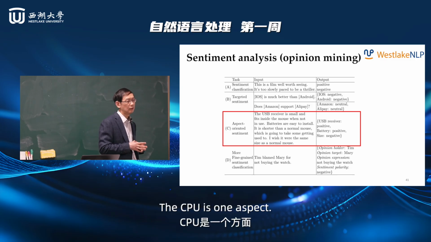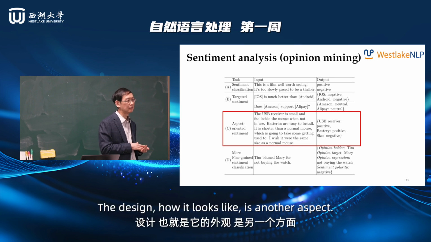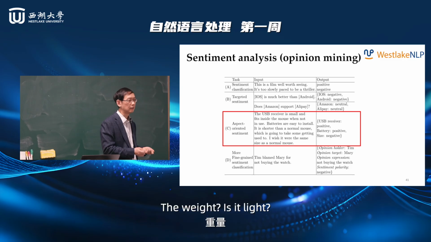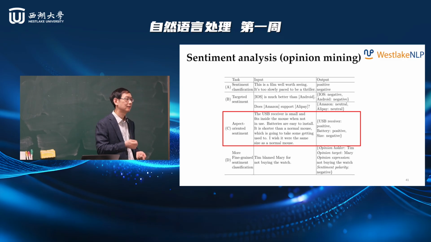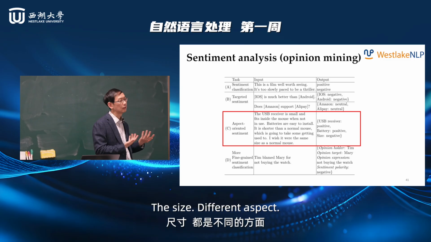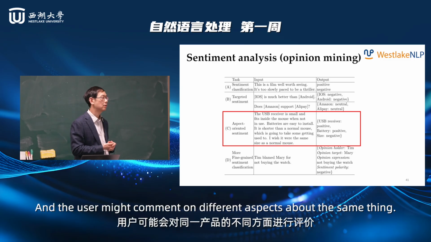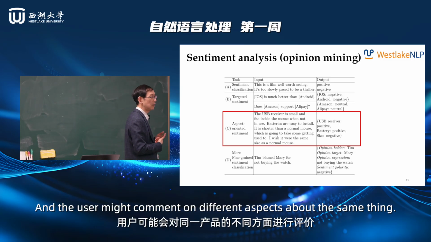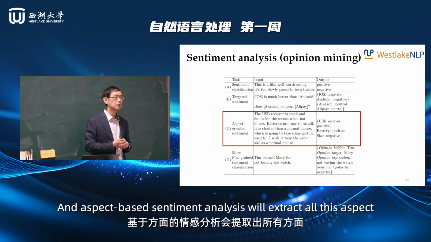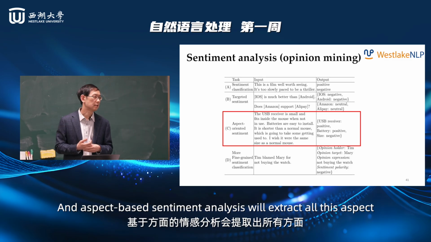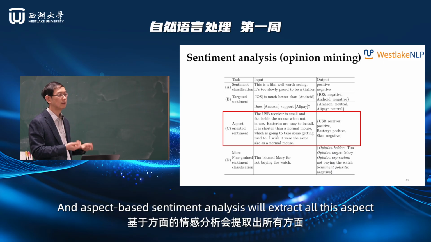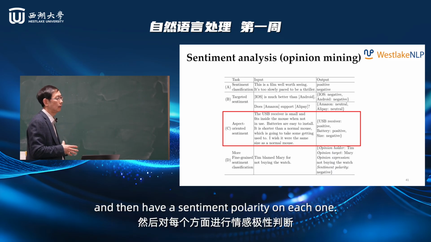The CPU is one aspect. The design, how it looks, is another aspect. The weight, is it light? The size, a different aspect. The user might comment on different aspects about the same thing, and aspect-based sentiment analysis will extract all these aspects and then assign a sentiment polarity to each one.